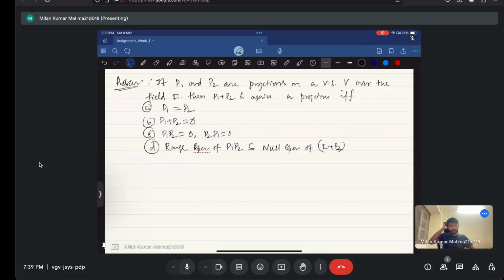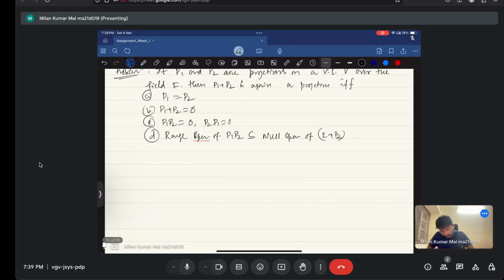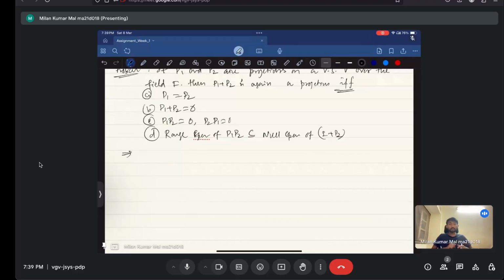Okay, so let's see. Here it is saying if and only if, that means it should hold in both directions.